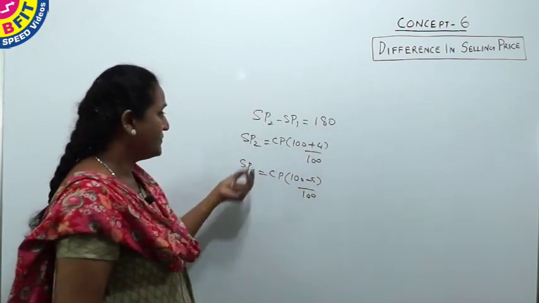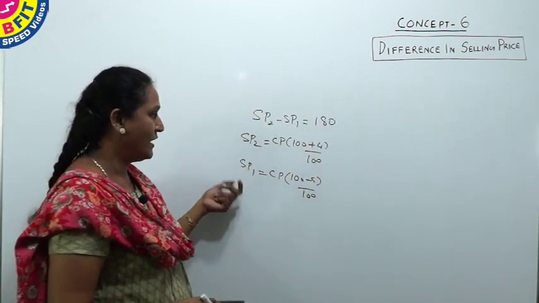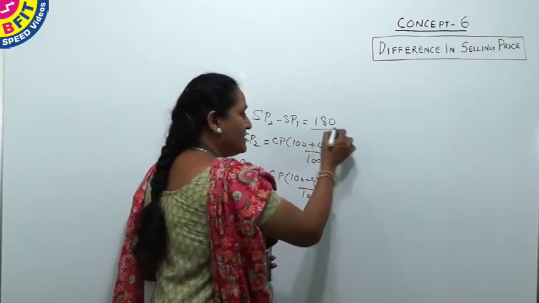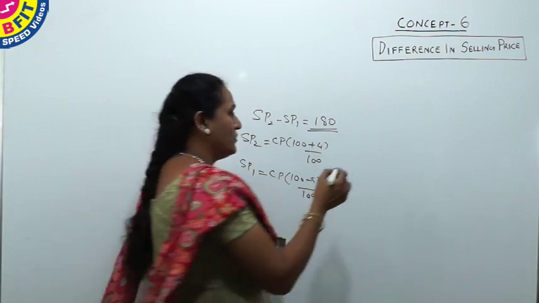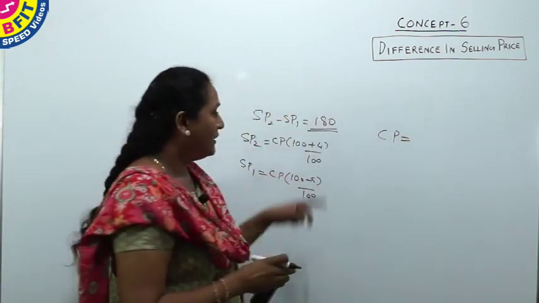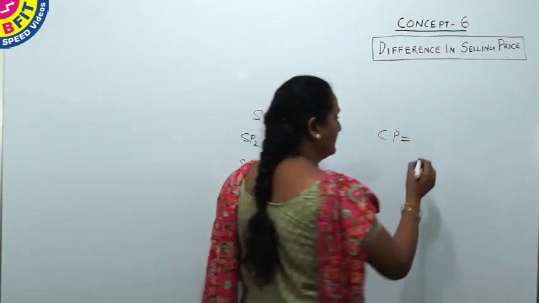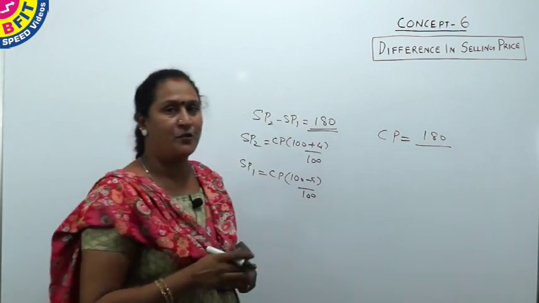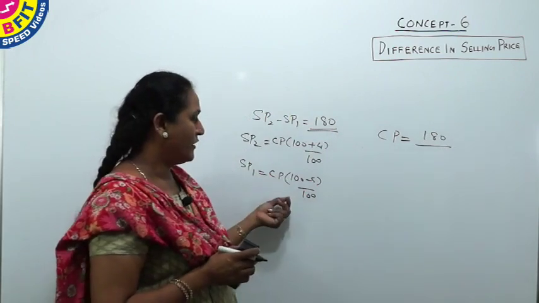So now, instead of substituting for SP2 and SP1 and simplifying to get the cost price, whenever the difference in selling price is given, you can find the cost price by the difference in selling prices divided by the difference in profit percent. So what is the profit percent?